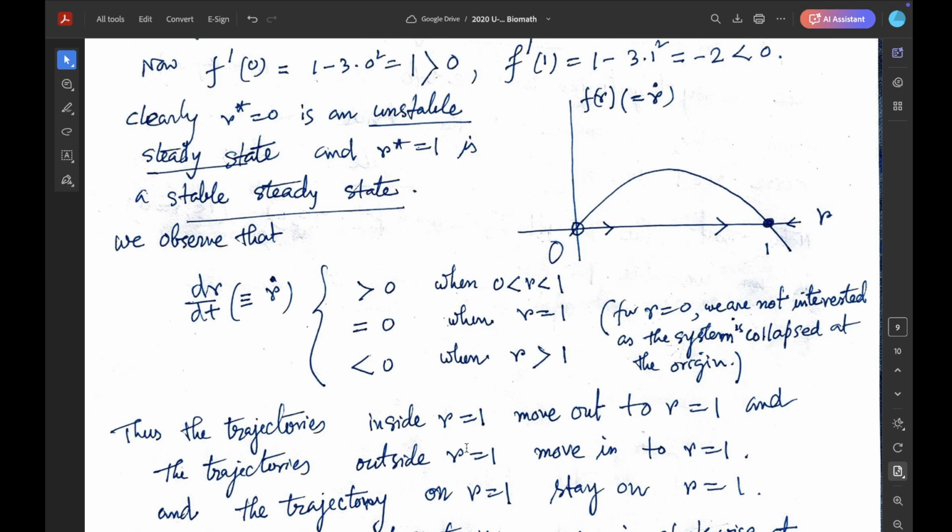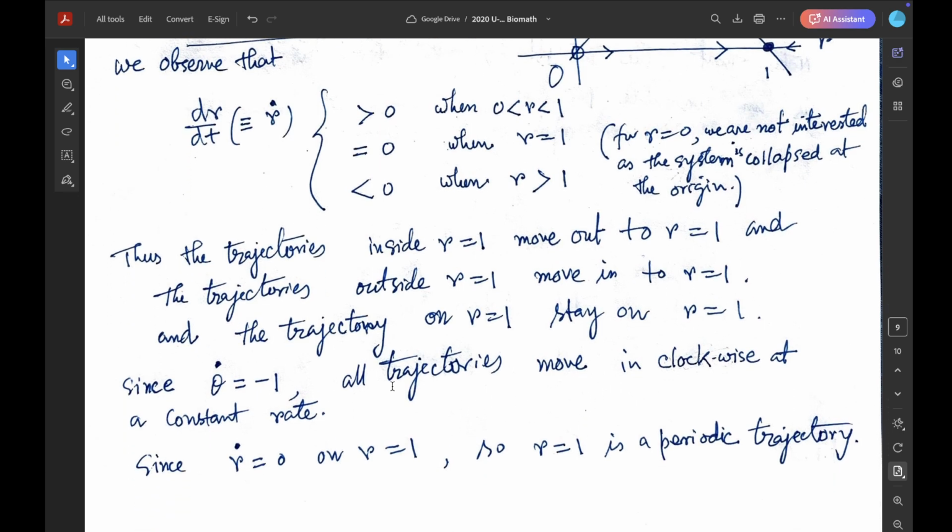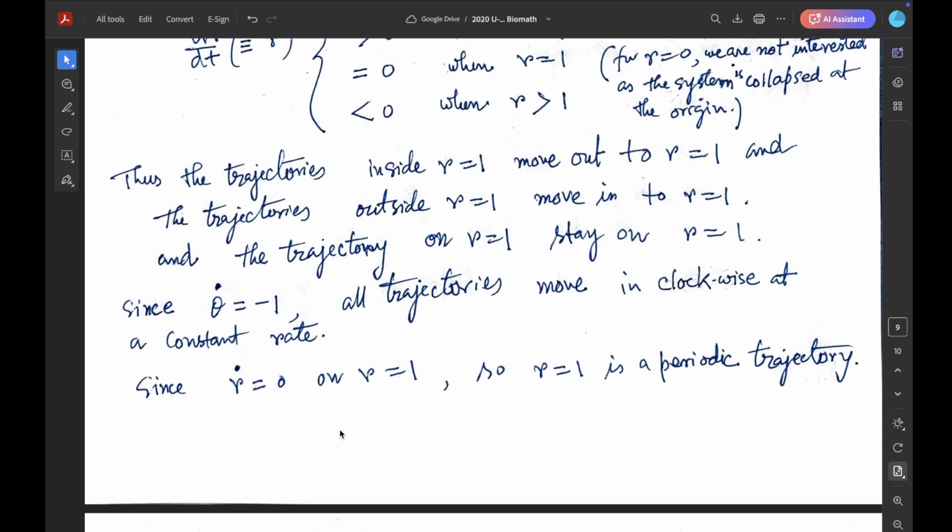For trajectories outside r equal to 1, that means when r is greater than 1, r dot is negative, so they move into r equal to 1. And for the trajectory r equal to 1, r dot equal to 0, so this trajectory stays on the r equal to 1 circle. Since theta dot equal to minus 1, all trajectories move clockwise at a constant rate.